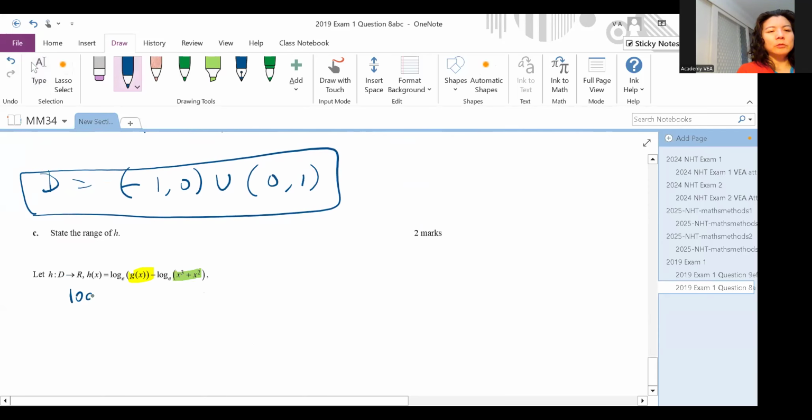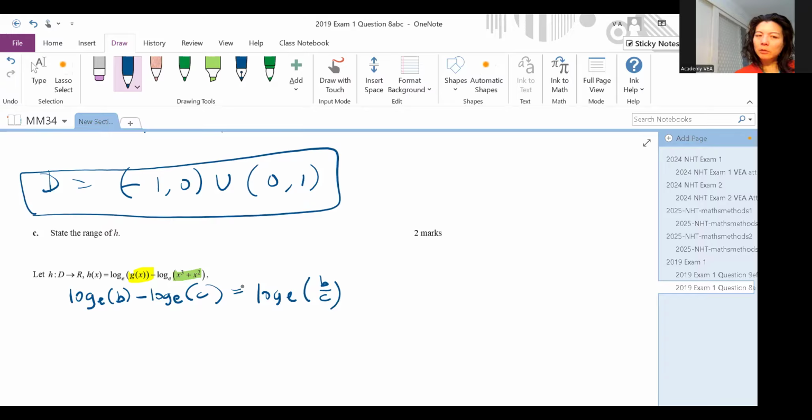So by log rule number 2, I think it is, you can combine them into a single log and divide the numbers together in order. So that's what we'll do here. And what else do you need to know? That will give us a very nice, easy way of sketching the graph.